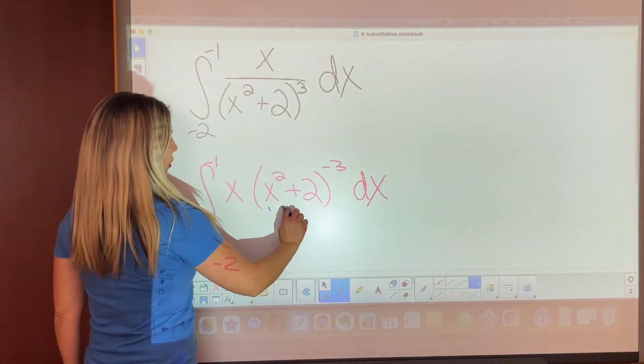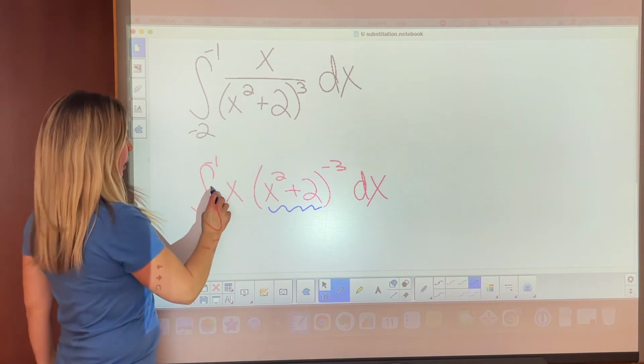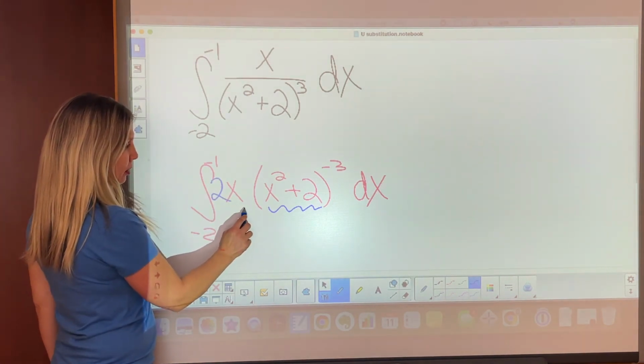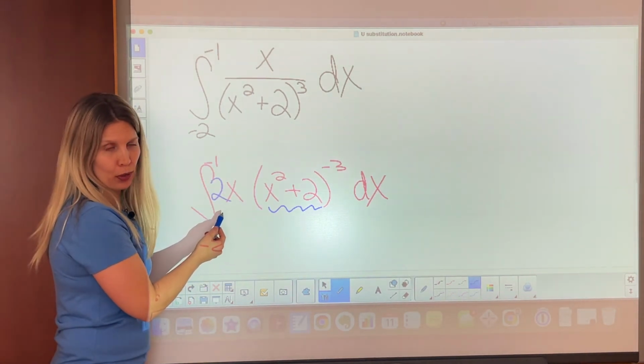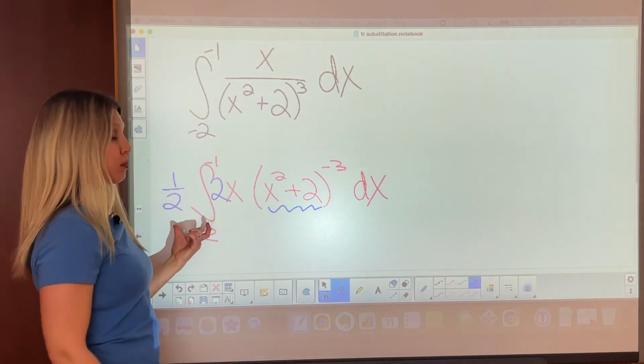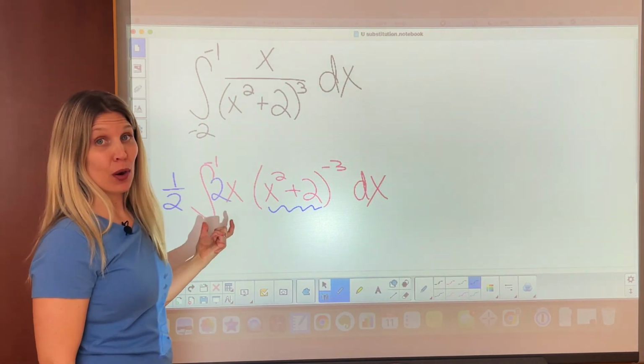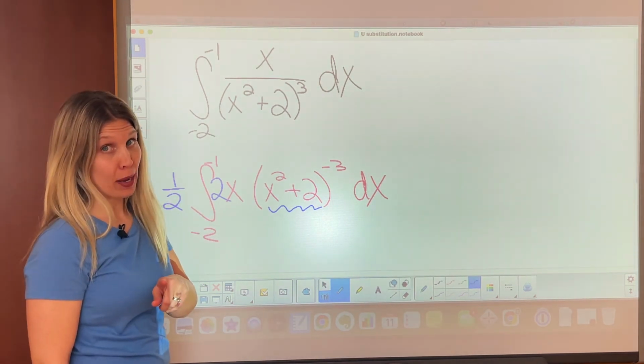As soon as you see that this is your inside piece, and what's the derivative of your inside piece? It's 2x. Well, of course you can't just go ahead and change the problem. So if you have a 2 out here, you got to have a 1/2 out here because those make a nice magic 1. If you've not seen my video on regular substitution, make sure you go back and watch it.